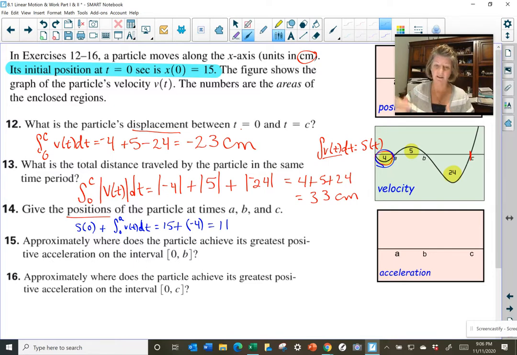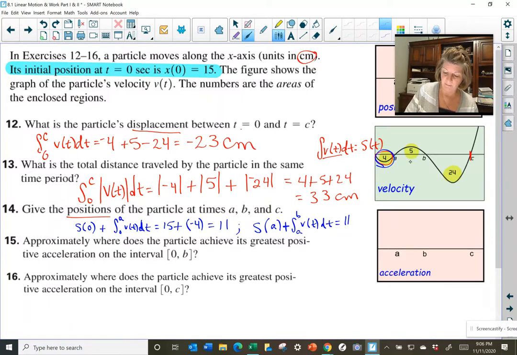And I could kind of just keep working forward from this, couldn't I? I could even write its position S of A plus the position A to B, look at that, V of t dt, would be the 11 that I left off at when I was at A, plus the 5, getting me to 16.